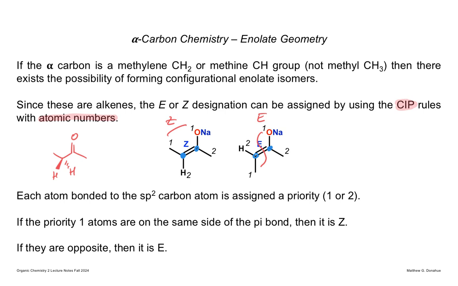If you look at that alpha carbon in particular, and we do a test, if you substitute one of these out for something different, that makes that alpha carbon a stereocenter, right?